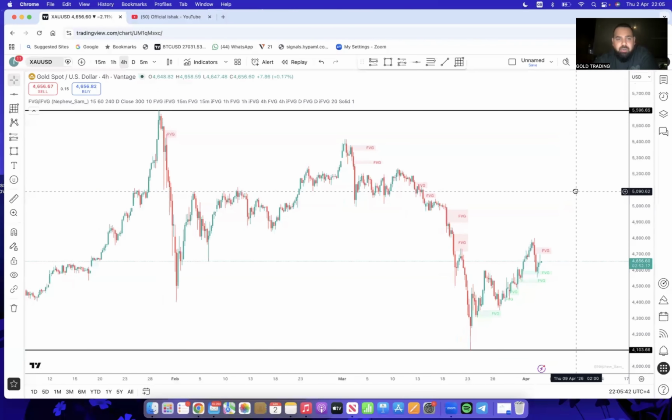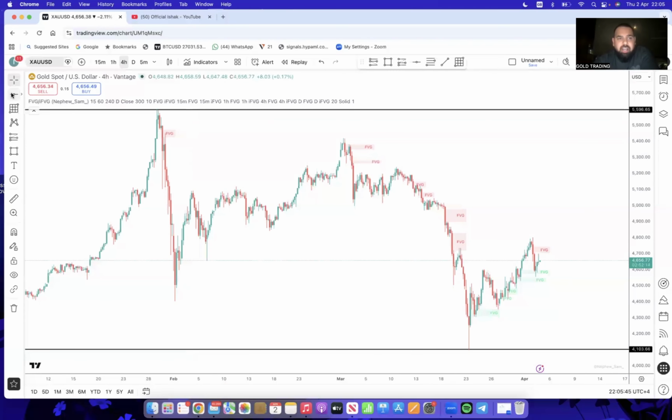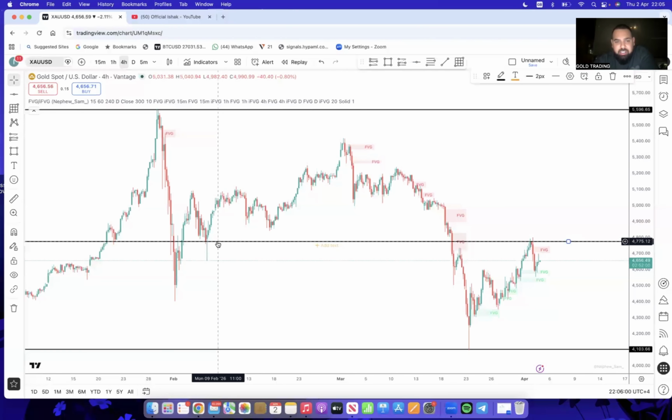Then I want to find other areas on the 4-hour time frame of support, areas where the market has touched and reacted from previously, for me to understand if it's a strong line or not. For example, I can draw a line right here.